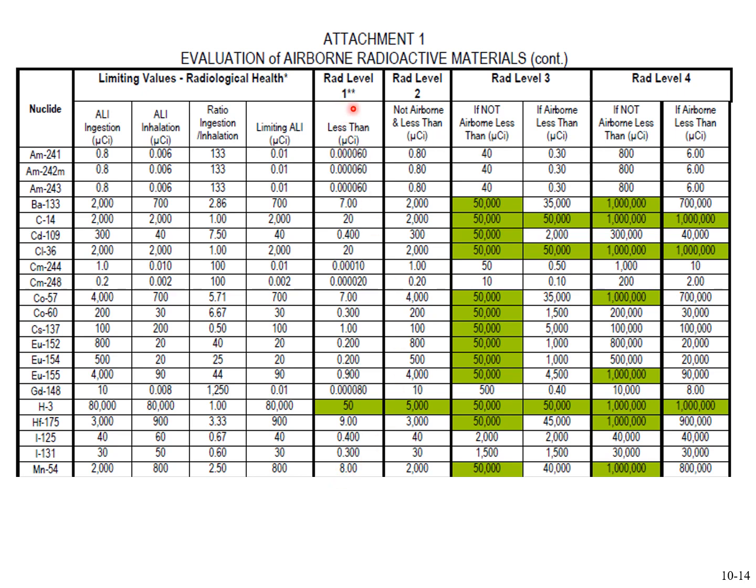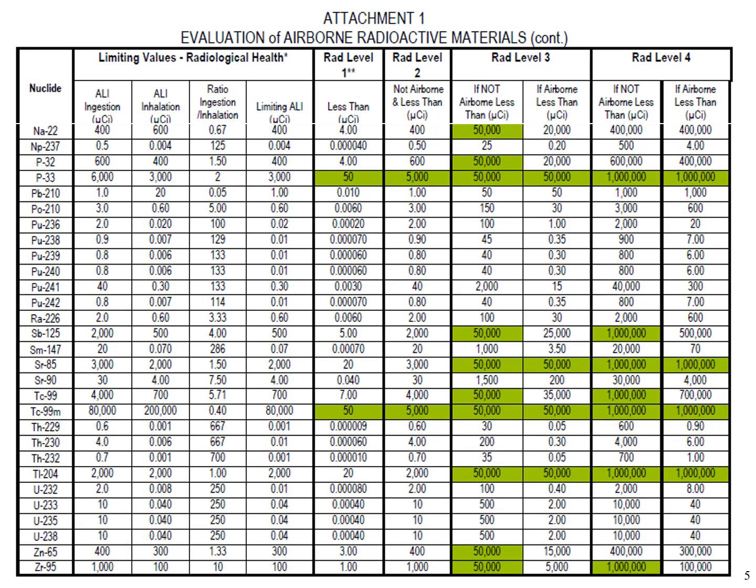And you can have rad safety 1, 2, 3, whether it's airborne or not, and rad level 4, whether it's airborne or not. And again, radionuclides are listed from americium to zirconium. All this data is available, and you could use this data to calculate the necessary radiation level that you would be working with in the laboratory.